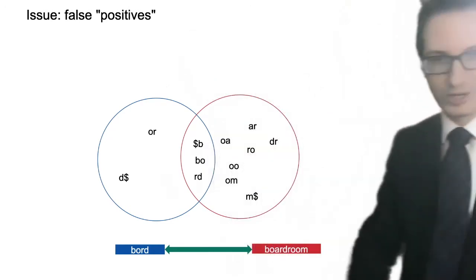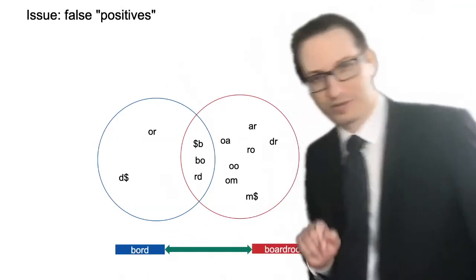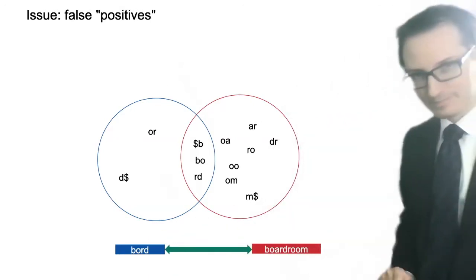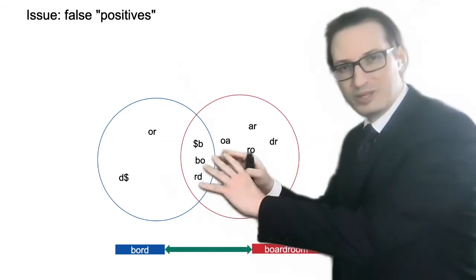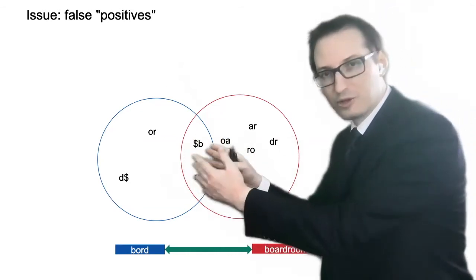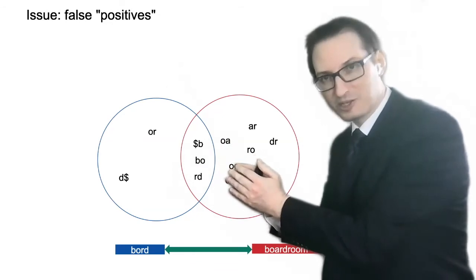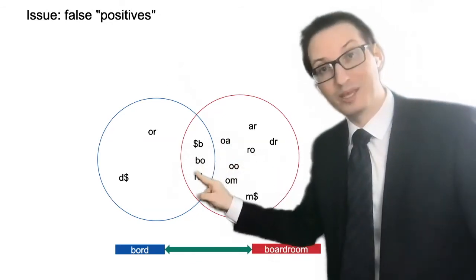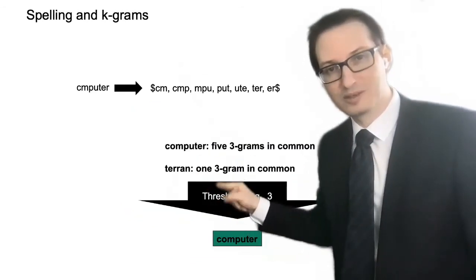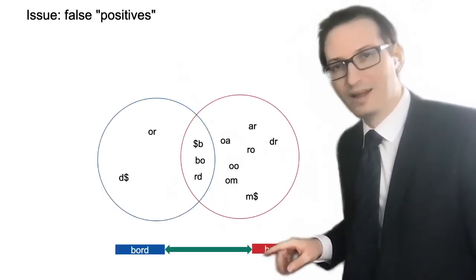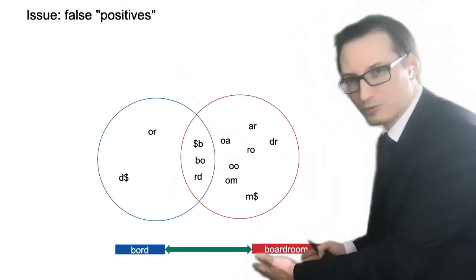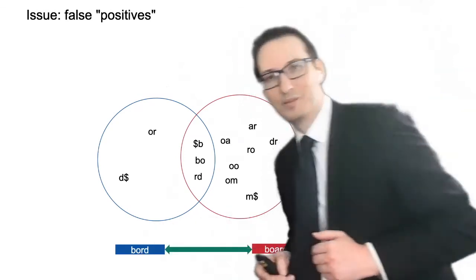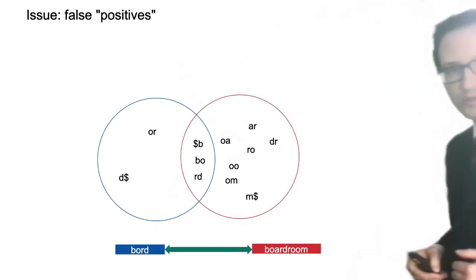If you take longer words, for example board and boardroom, you see that now there are so many k-grams that even though in relative terms there's not so much in the intersection, we do have 3 here. That would actually meet the absolute threshold, even though in that case that's undesirable, because of course if I type boardroom, I didn't make a mistake and mean board, right? So that just doesn't work.